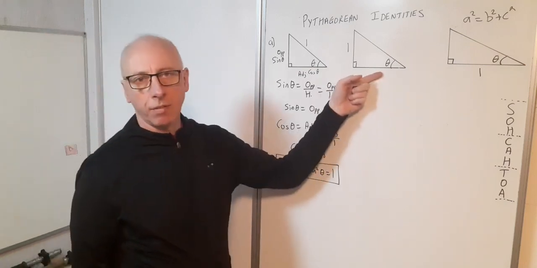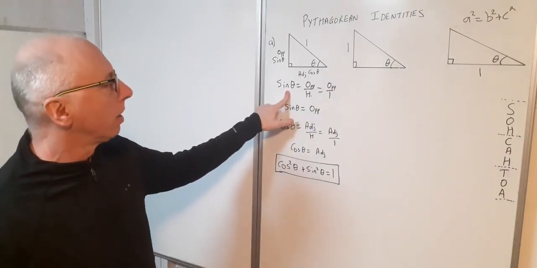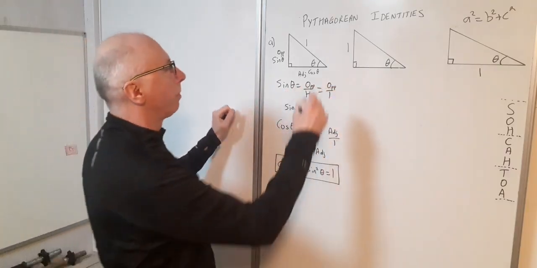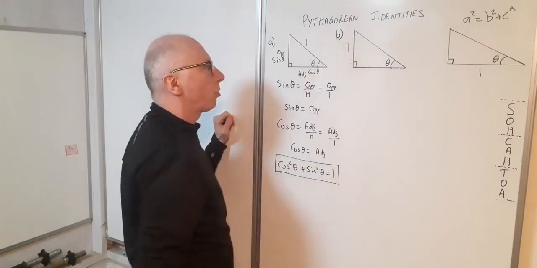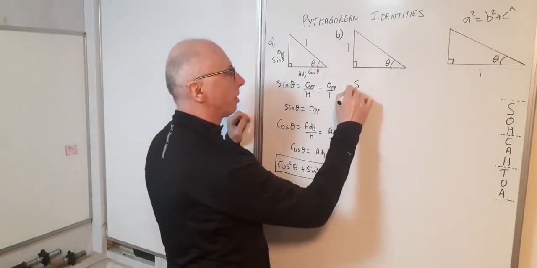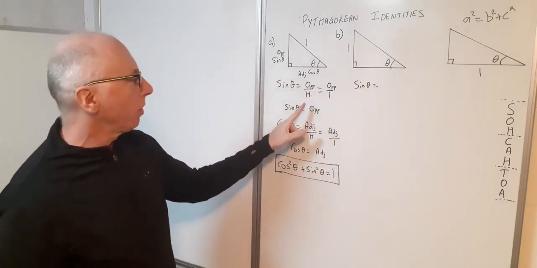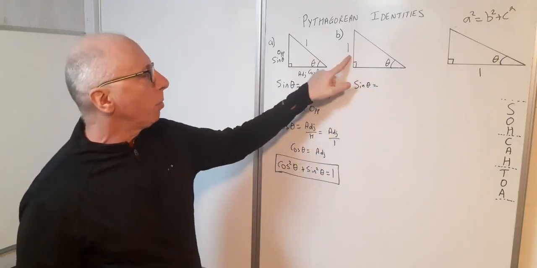So now let's have a look at this one. I started off with sine theta, so I'm going to do the same with this one. So triangle B, sine theta. Sine theta is opposite over hypotenuse. I don't need to write that out again, but opposite is 1.